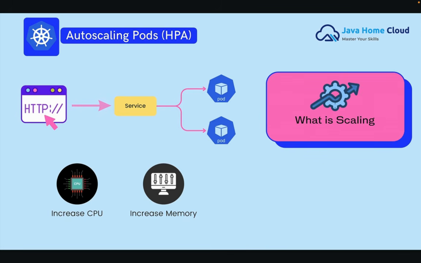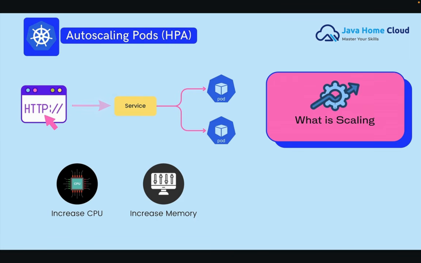This can be done in a couple of ways. We can maintain the same number of pods, let's say only two, and increase the CPU and memory of the pods. Second option, instead of increasing the CPU and memory of existing pods, in this case 2 pods, we can add more pods.